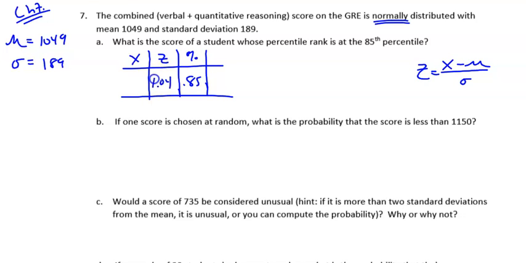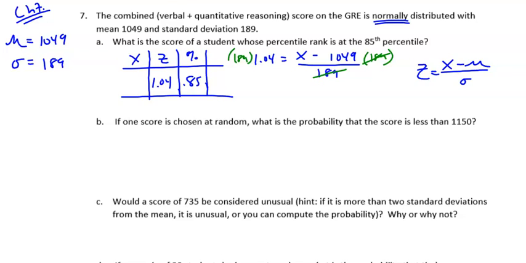So now how do I get x? Well, I set up my equation: 1.04 equals x minus mu, which I know, divided by the standard deviation, which I know. Then I do some algebra. Multiply both sides by 189, and then add 1049 to that.